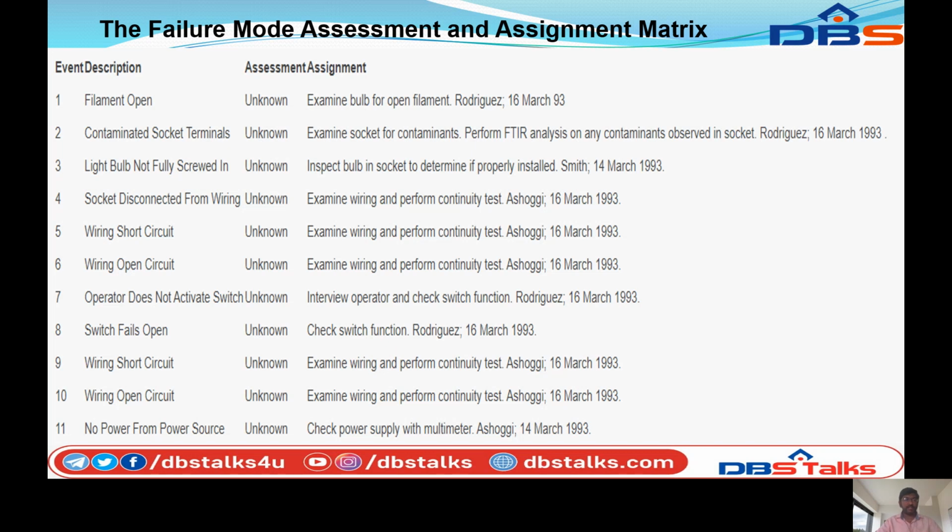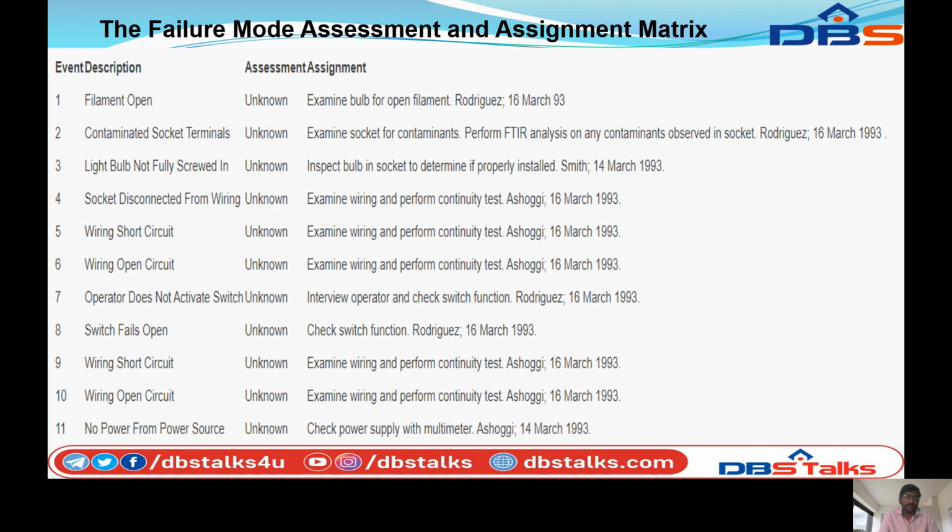Next, event 4, the description is socket disconnected from wiring. The assessment is unknown. The assignment is to examine the wiring and perform a continuity test, due 16th March 1993.